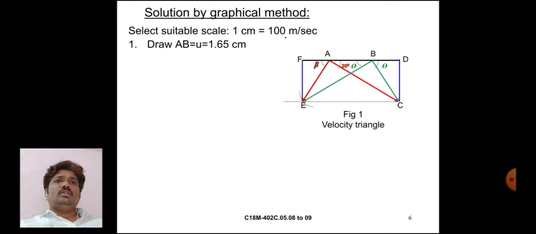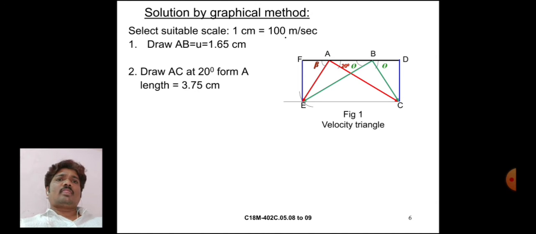Draw AB, U equals blade velocity, 1.65 centimeters. Draw AC at 20 degrees, with length equal to 3.75 centimeters.